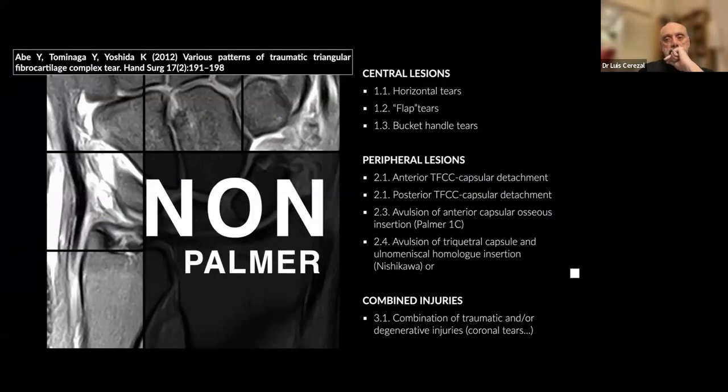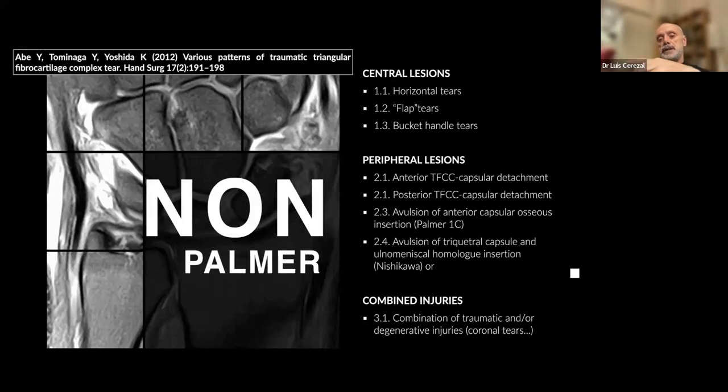But in the last years, we have seen that it's really common to have injuries not clearly included in the original Palmer classification. We have named these injuries non-Palmer. Non-Palmer injuries, we have systematized in central lesions, very similar to the degenerative injuries of the TFC, treated usually with debridement or associated wafer procedures.